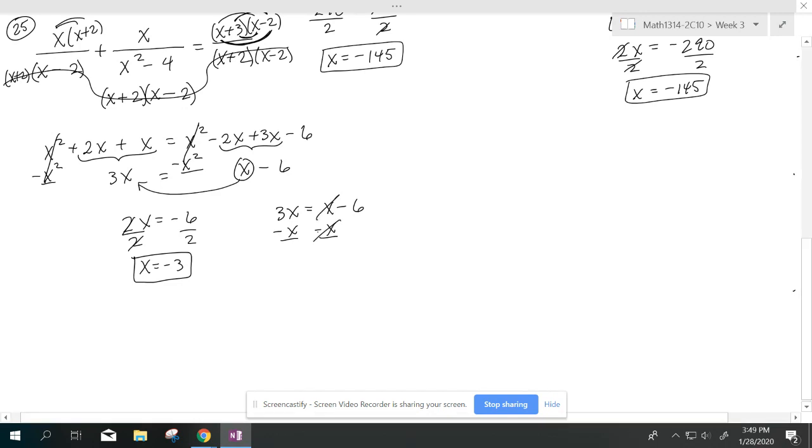So instead of moving it over, I can minus it from both sides. It's just another technique. 2x equal negative 6. I get the same thing. So I can minus stuff from both sides if I want to, as long as I do the same thing to both sides. And does anybody have any questions about that?